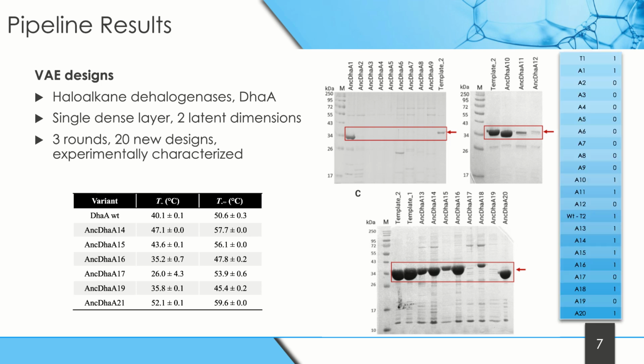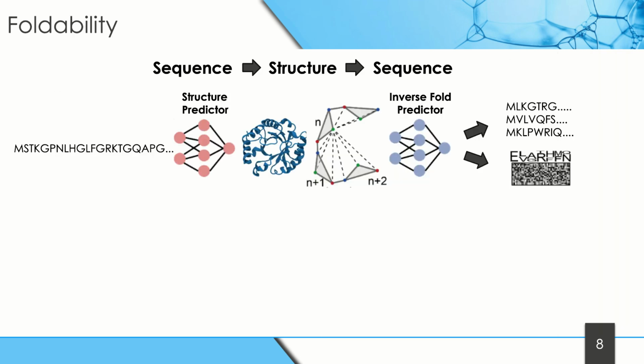As half of our designs were insoluble, we decided to study more deeply in silico metrics for design scoring to guide selection and sampling of the sequences from the latent spaces. For this purpose, we developed a foldability metric which combines structural and inverse fold predictors.